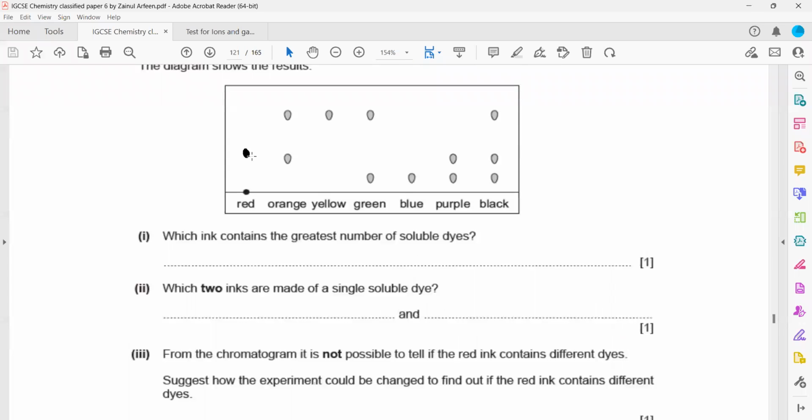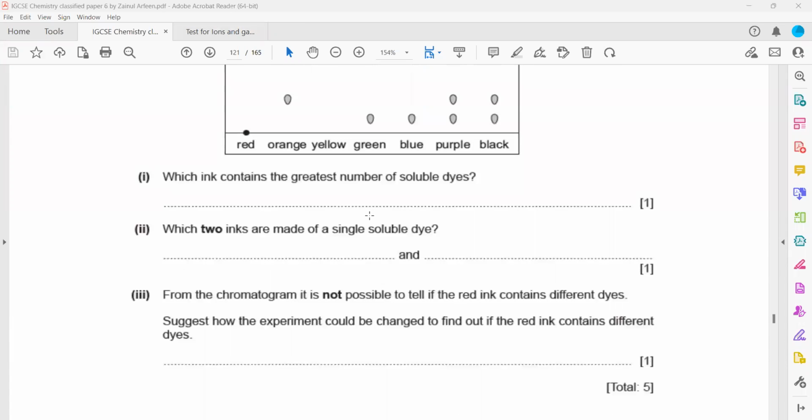The idea is that the ink does not even rise with the solvent. So if the ink does not rise with the solvent, if we're using water, then we use alcohol, and then the spot will rise. Adding a locating agent is not correct because they did not mention a colorless substance, and a red dye is there. So we simply change the solvent.